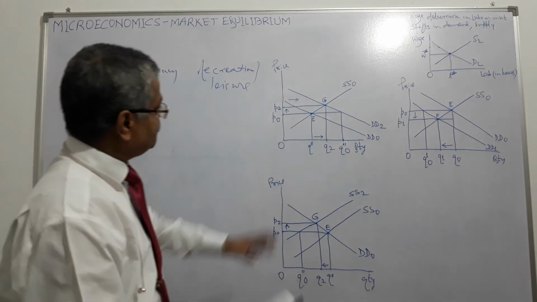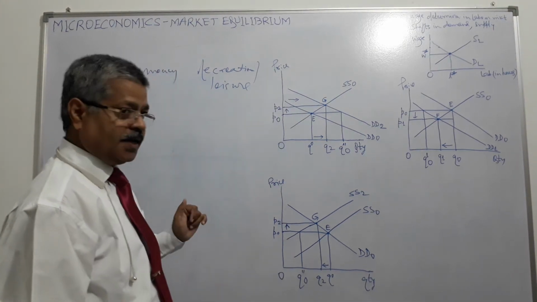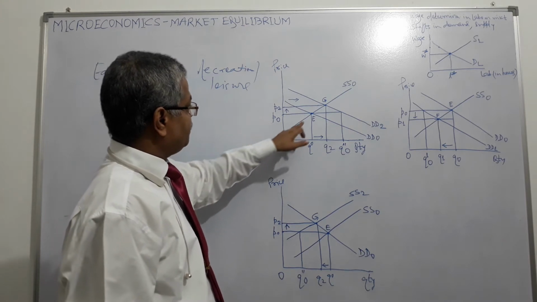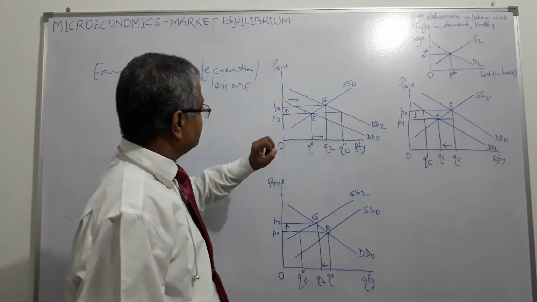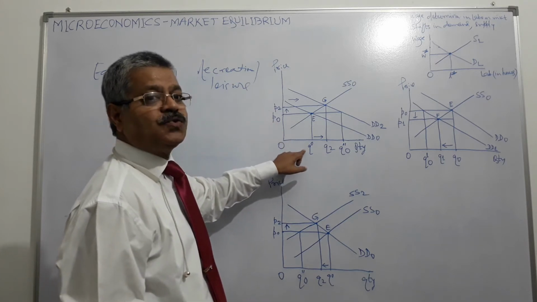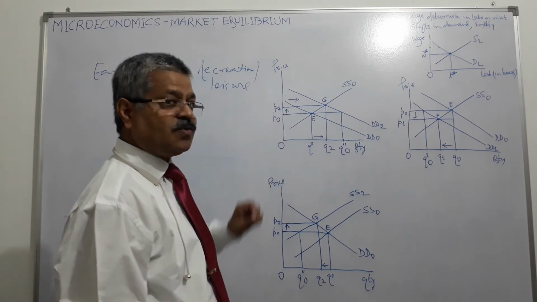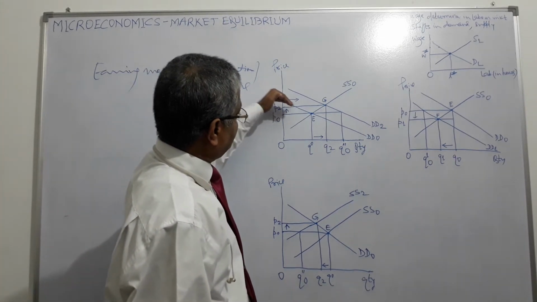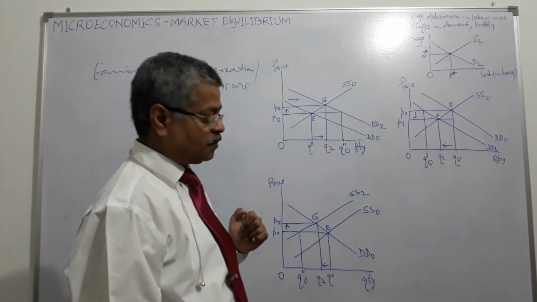Let us go to this diagram. Here there is initial equilibrium at E, right? Price is P0, quantity is Q0. So initial equilibrium is at E and the demand curve is DD0.